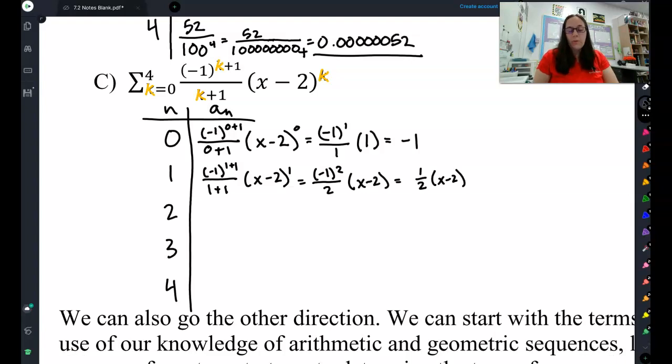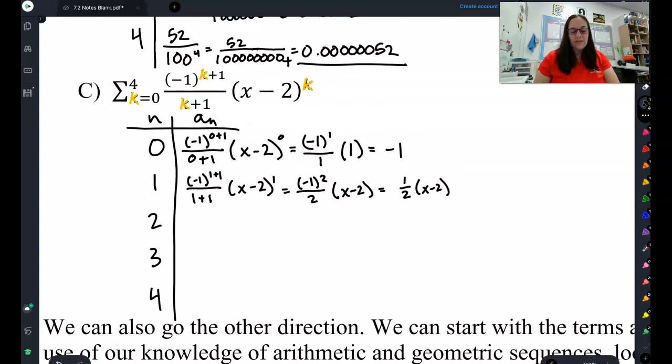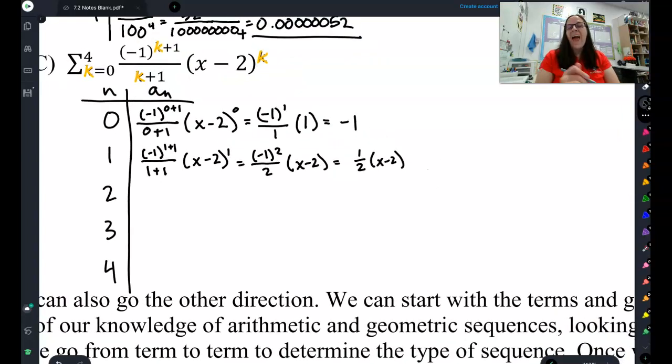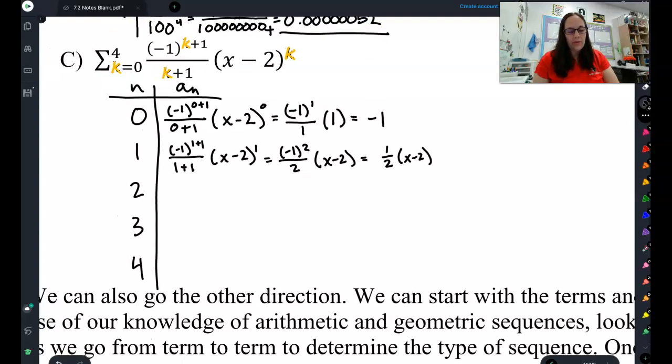So you have 3 more now that you've seen these first 2 examples. I would like you to pause the video, try to plug these 3 in for k, and then remember, because this is a sum, we're going to end by adding all of these answers together into one big long equation. So pause the video, try to add those together, and then come back in a sec.